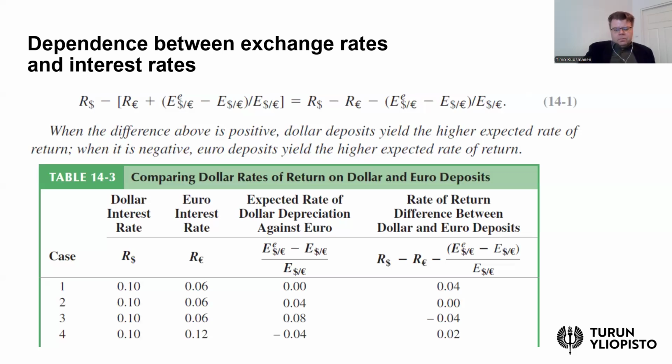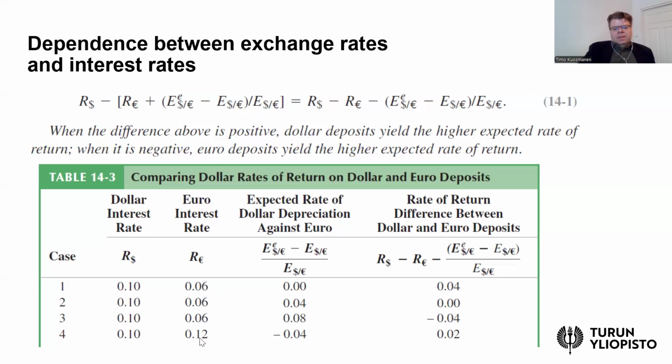In this table, suppose that the dollar interest rate in all cases is 10%. Suppose that this is the US government bond yield. Then the euro interest rate is 6% in the first three cases, and a higher return of 12% in the last case.